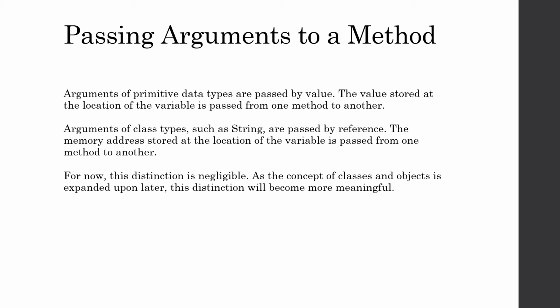Another thing to note is that arguments of primitive data types are going to be passed by value. The value stored at the location of the variable is passed from one method to another. Arguments of class types, say for example strings, are going to do what is known as passing by reference. This means that the thing that the variable holds is a reference to the object, so we've seen a little bit about this when we talked about the equals method for strings.